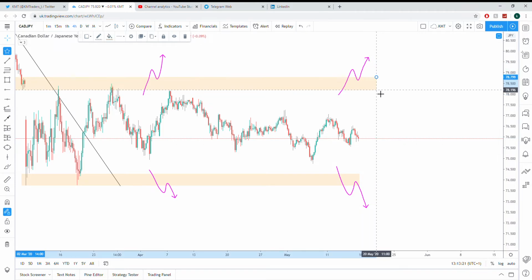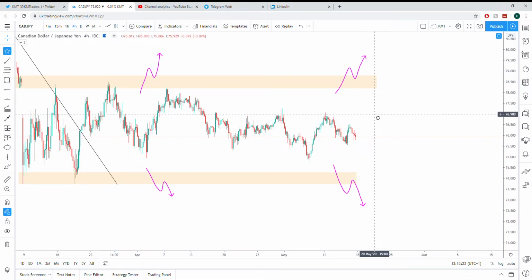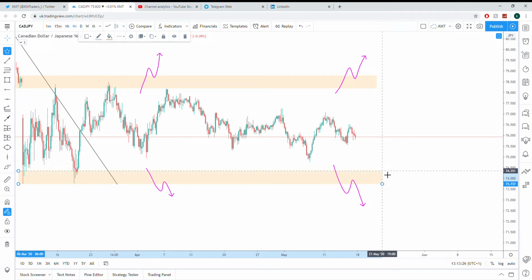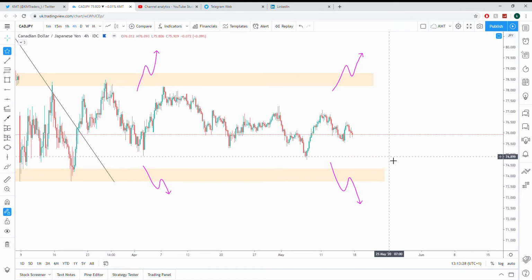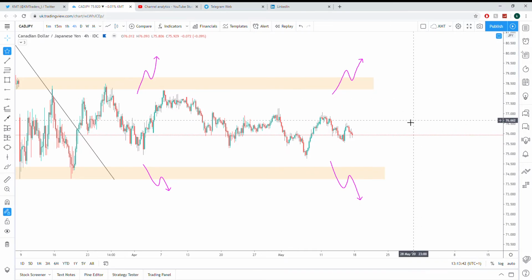No complexity is required here. There's no need for all these complicated theories, the wave, what's it called, the Gartley pattern, the inverted bat pattern. It's all personal preference. There's no particular right way of doing it.